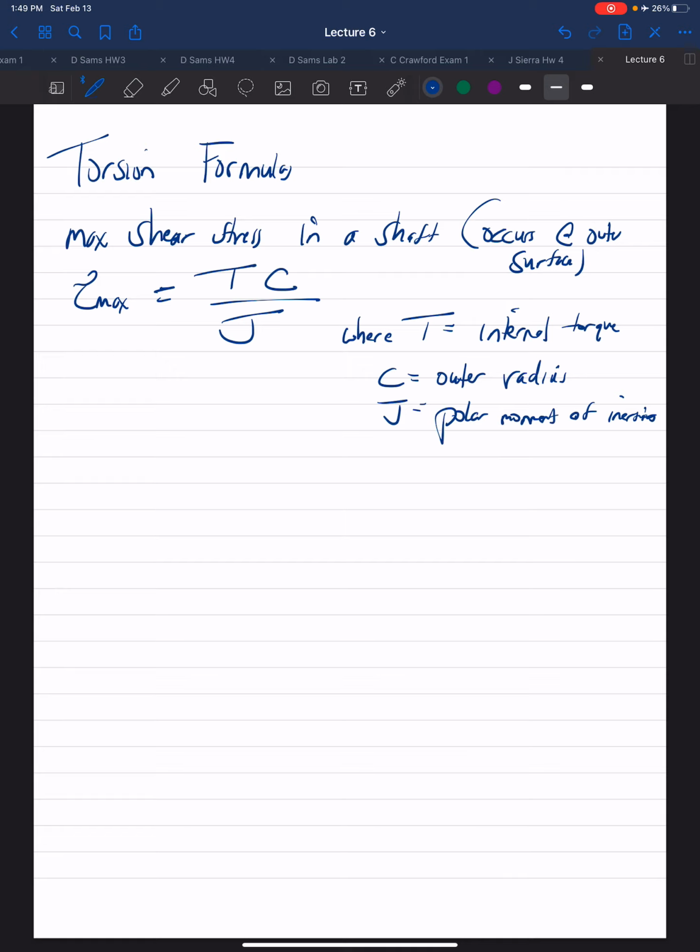Therefore, it follows that if your maximum shear stress, which we already said occurs at the outer surface, we can find the shear stress in the shaft at any distance extending from the center, which would be a function of rho. And these are your torsion formulas.